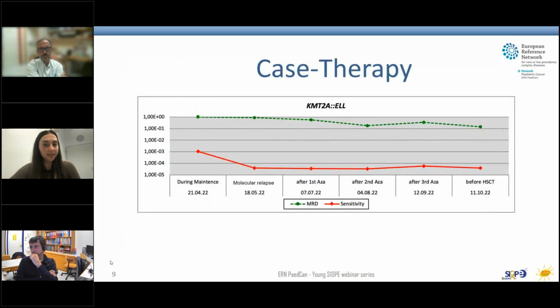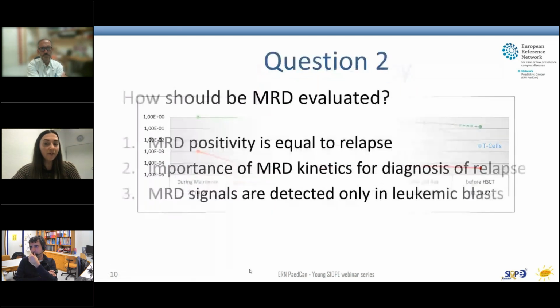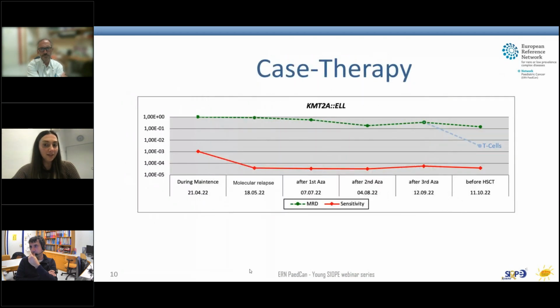Then we go to our next slide, where you can see the overview of the MRD analysis that we have done during the treatment with azacitidine after the first cycle, the second and the third one, and the last one was in October of that year.